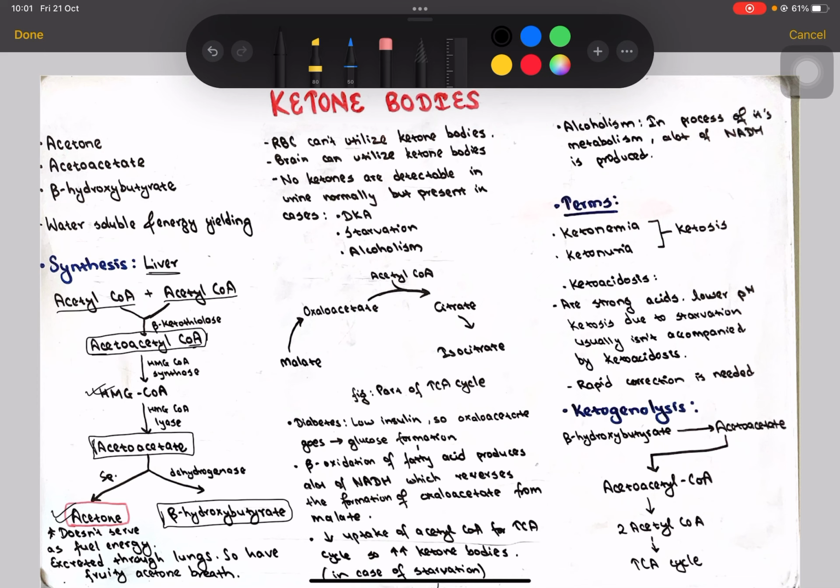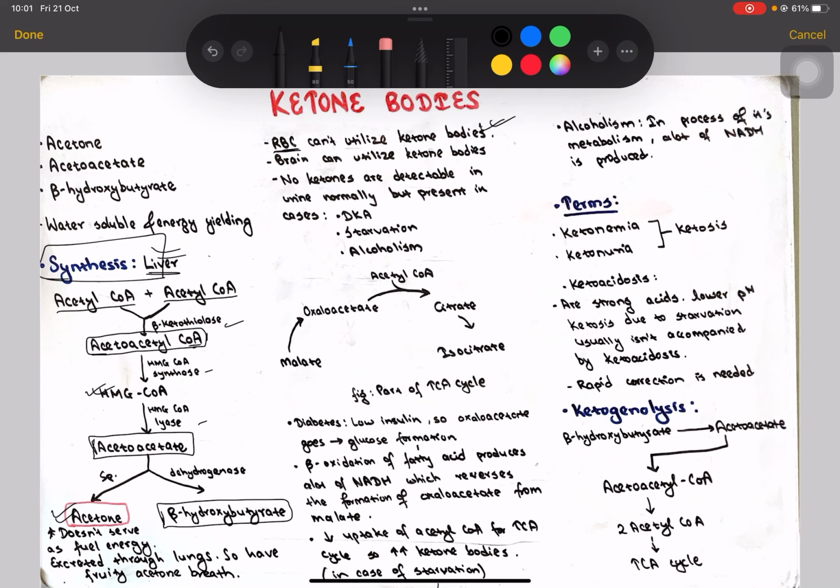And we have already discussed that acetone does not serve as fuel energy. Rather, it is important in making the diagnosis of ketoacidosis. Now, we have already discussed in our previous videos that fatty acids are not utilized in RBC and brain. But in case of ketone bodies, RBC can't utilize them because the enzymes for their utilization are produced in mitochondria, and we all know that RBC don't have mitochondria.